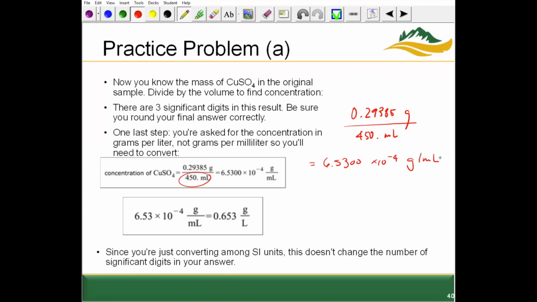We're not quite done because we actually want our final answer in grams per liter. So 6.5300 times 10 to the negative 4th grams per mil. Then to convert milliliters into liters, we say 1,000 milliliters in 1 liter. Then milliliters and milliliters cancel out, leaving grams per liter.